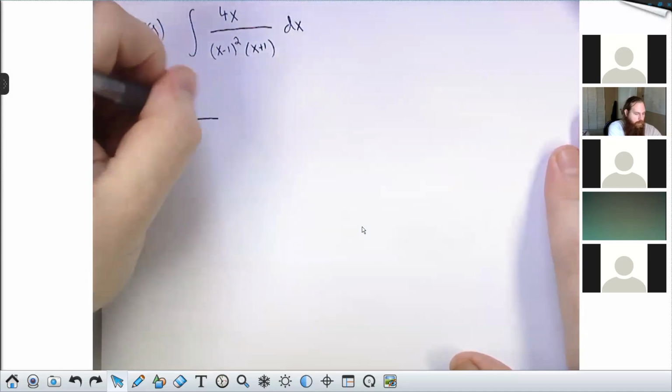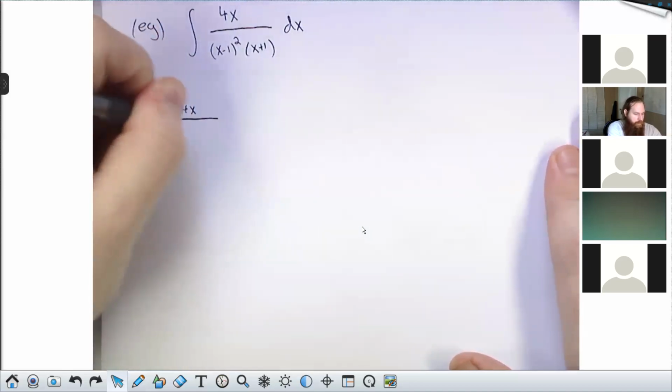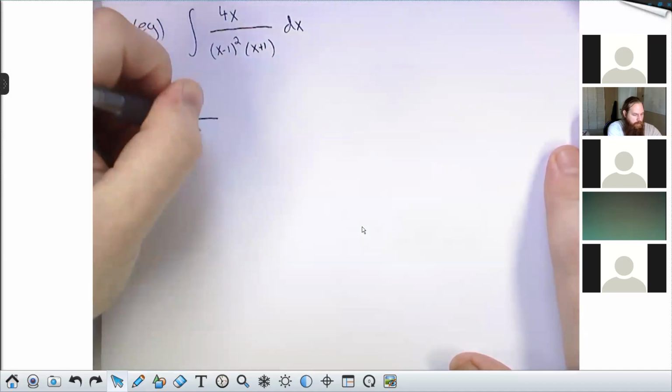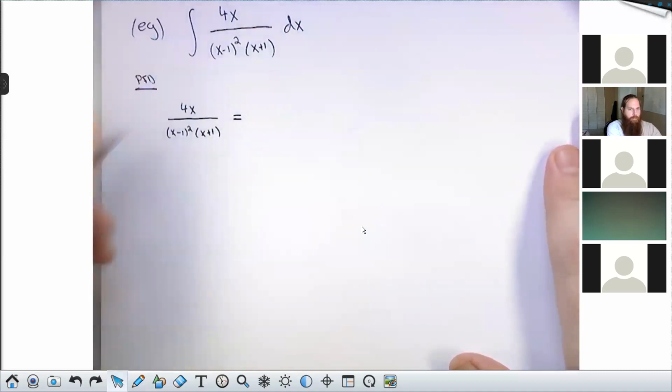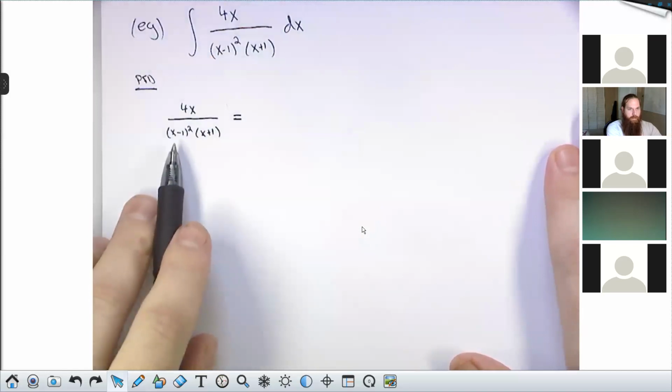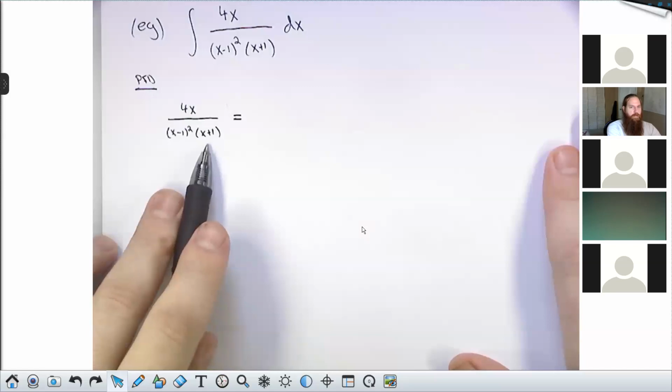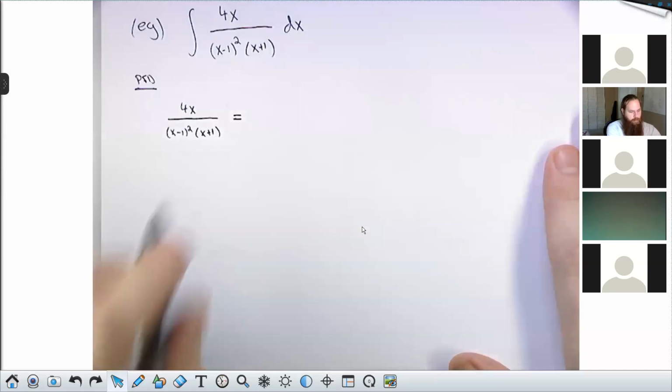4x over x minus 1 squared times x plus 1. This is a repeated linear factor, so it's going to contribute 2 terms. This is a simple linear factor, so it's going to contribute just 1 term.